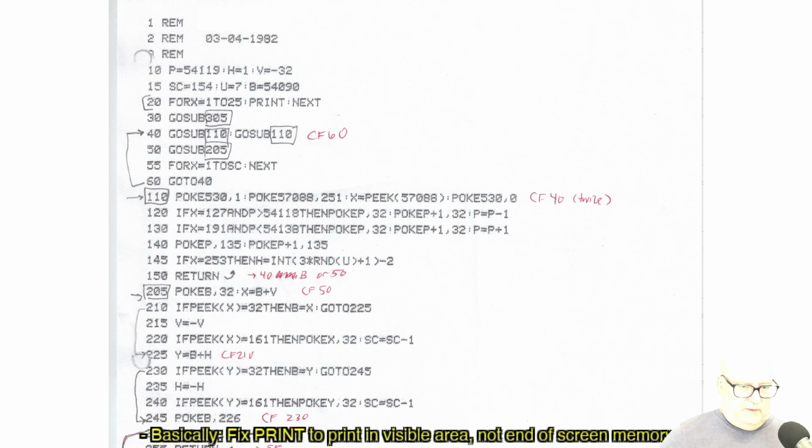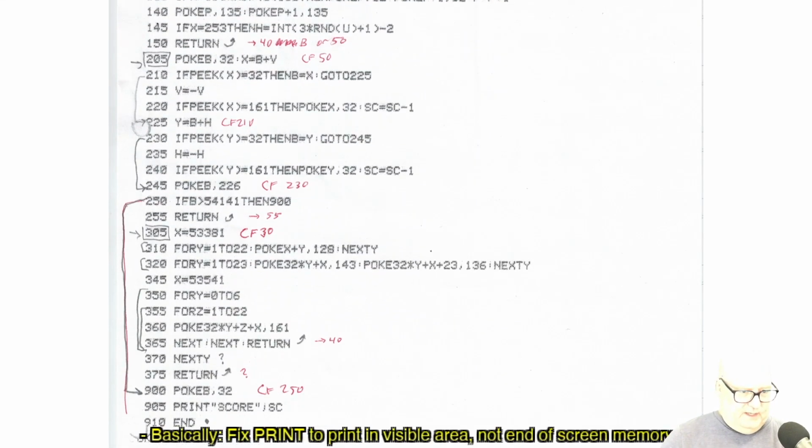So I'm jumping down. Here's 900. It comes from 250, but notice nobody else is calling 900. So that means instead of calling 900 in line 250, I could just do what 900 does till it's done. And that's what we'll do.